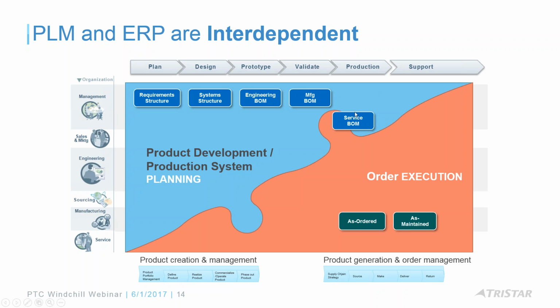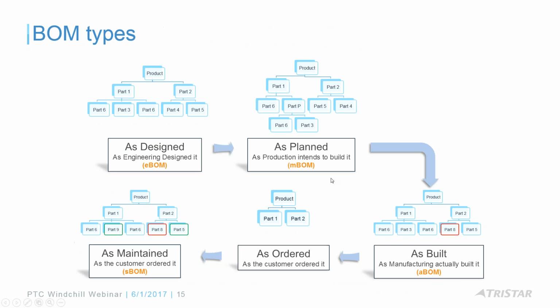And this could be in different systems. It's on the border of a PLM and ERP system. But each of these systems is interdependent. If there's a change, that change needs to propagate between these two systems, either getting back to engineering, or if engineering makes changes, getting back to the execution.